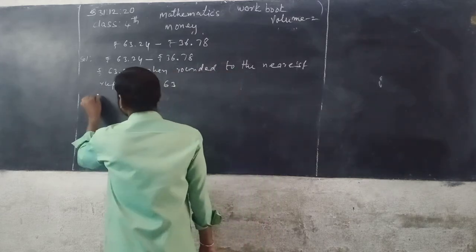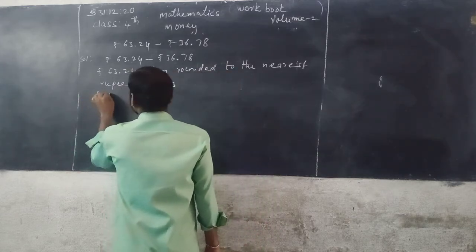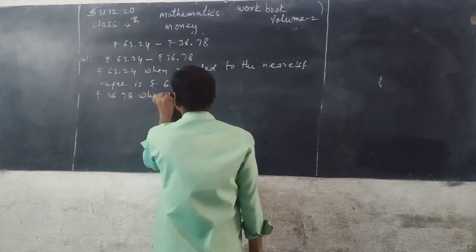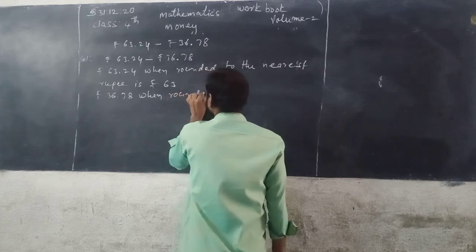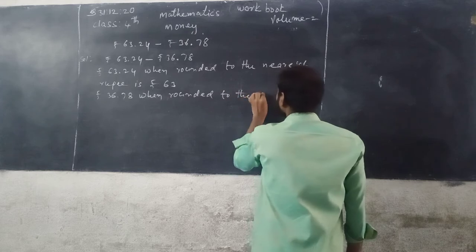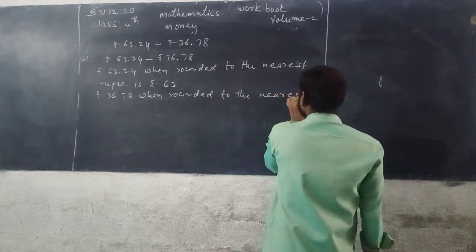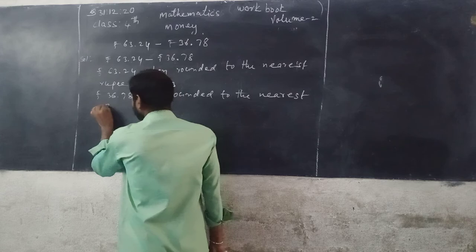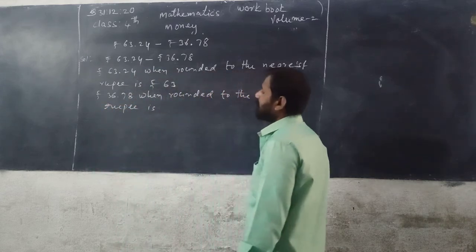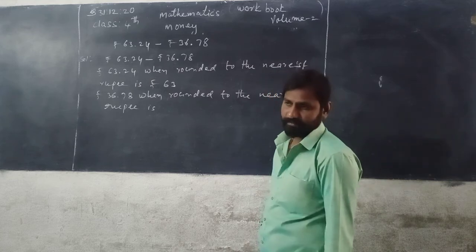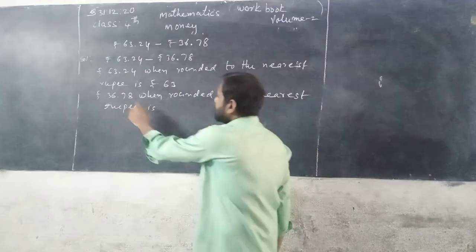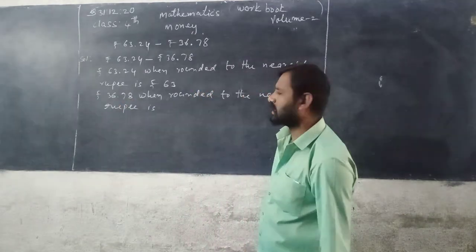Now 36 rupees 78 paise when rounded to the nearest rupee is, see here, 78 paise is more than 50 paise. So 78 paise is nearer to 1 rupee. Then 1 rupee is added to 36 rupees, you can get 37 rupees.